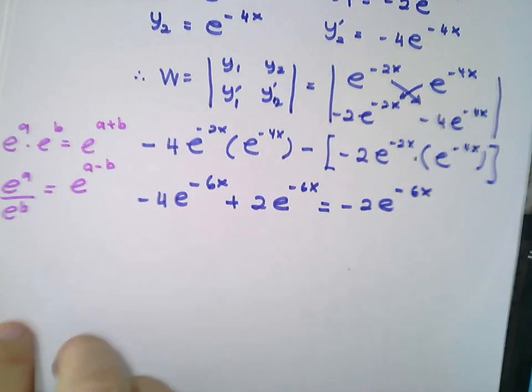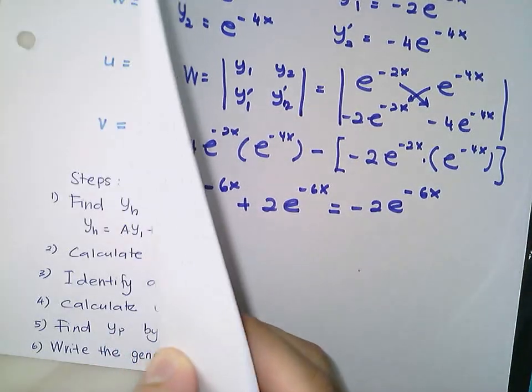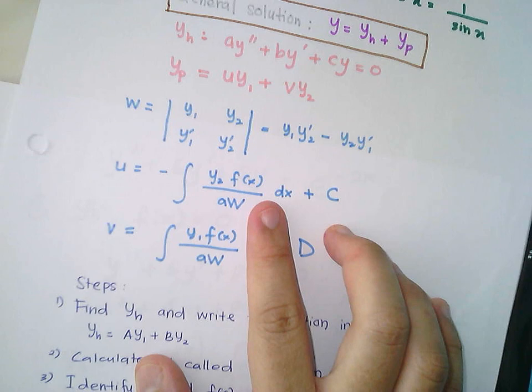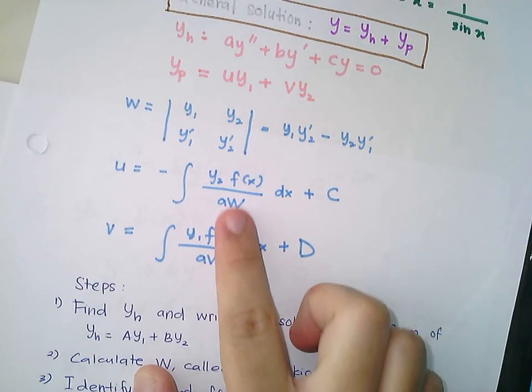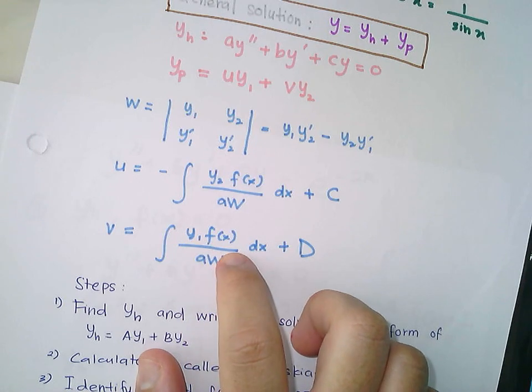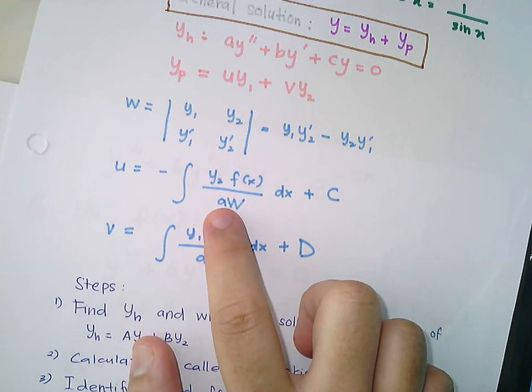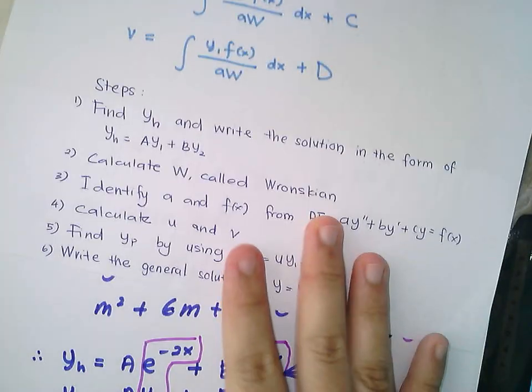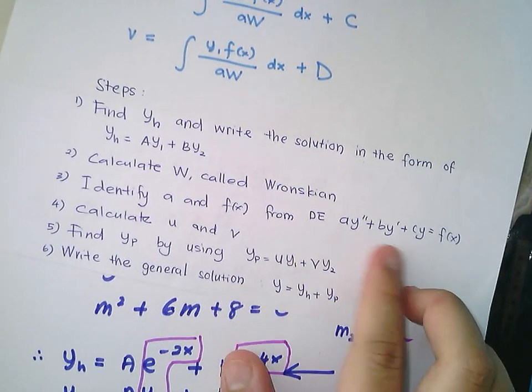So next, you have to calculate your u and v. But as you can see here, you already have your y1, y2 and W, but you don't know what your f(x) and what your a are. So define your a and your f(x) based on the differential equation given to you.